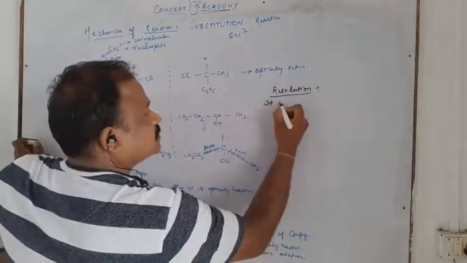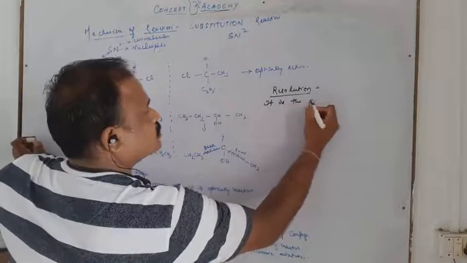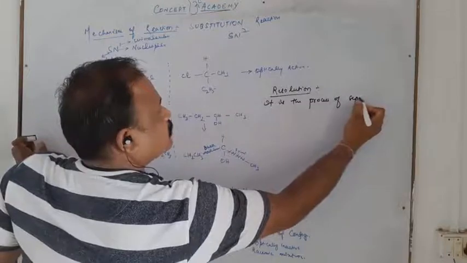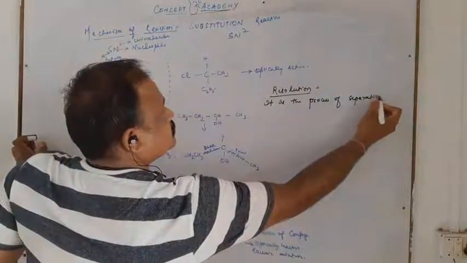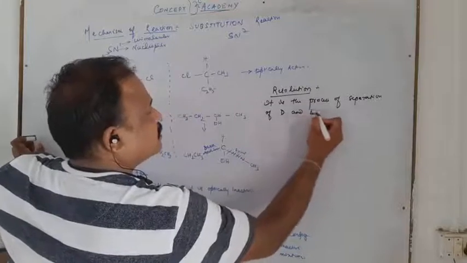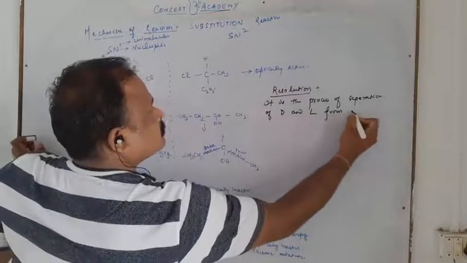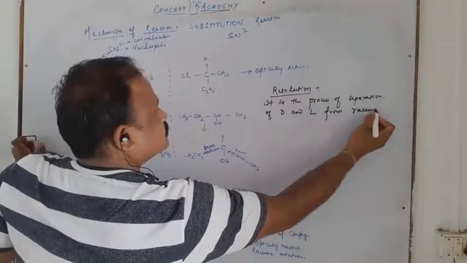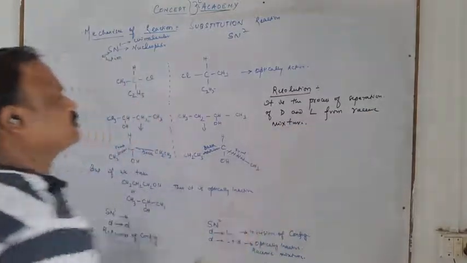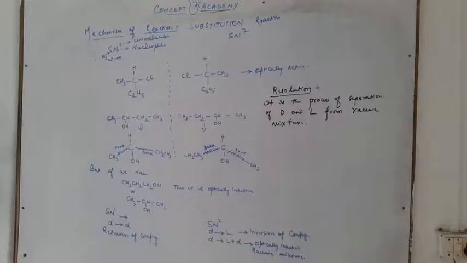It is the process of separation of D and L from a racemic mixture. The process of separating the D and L forms from a racemic mixture is known as resolution.